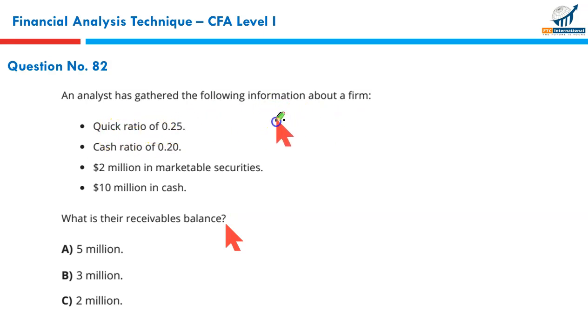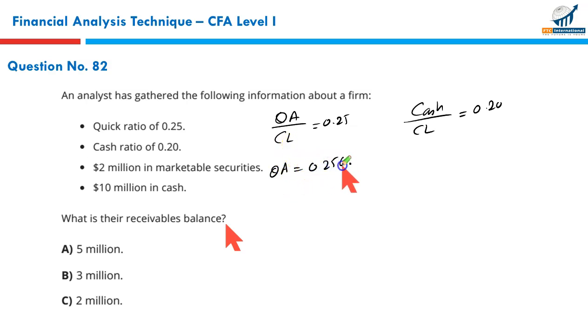Your quick ratio, quick assets upon current liabilities, is 0.25. Cash ratio, that is cash assets upon current liabilities, is equal to 0.20. If you convert it into an equation, quick assets is equal to 0.25 times your current liabilities. And your cash assets, cash and marketable securities, is 0.2 times your current liabilities.